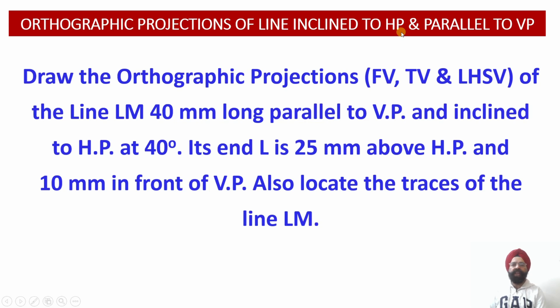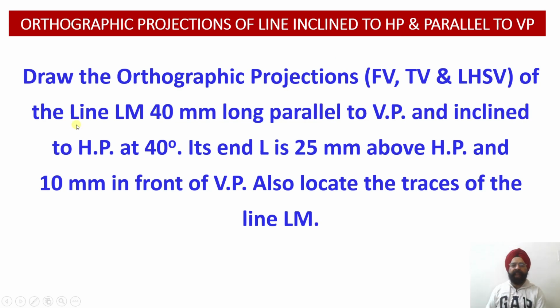Therefore, its projections onto the horizontal plane, that is the top view projections, will reveal the apparent length projections or the shortened projections onto the horizontal plane in the top view projections.